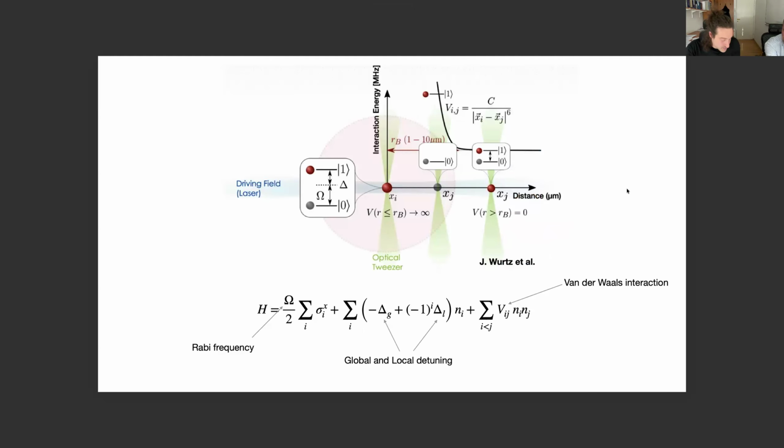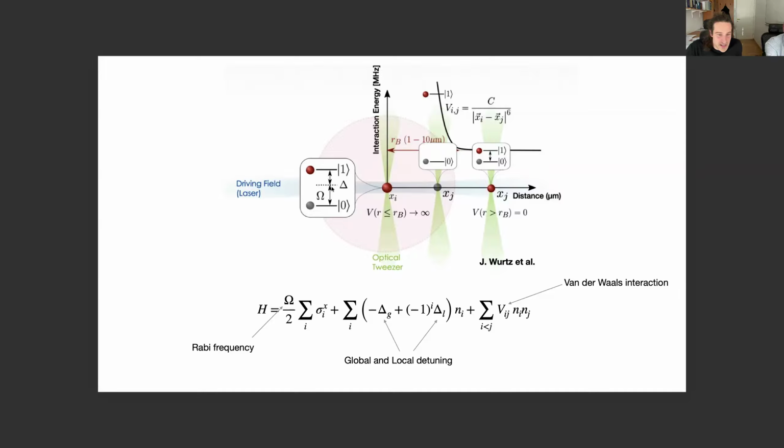So now we go back a bit more in detail on how they essentially work. As I said, you have two main energy levels which are used. One is very high in energy, which is the so-called Rydberg state, and the other is the ground state. They are coupled by two lasers, okay, and this gives rise to these Rabi oscillations.